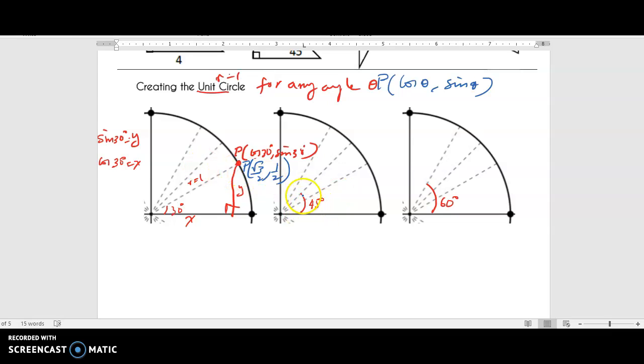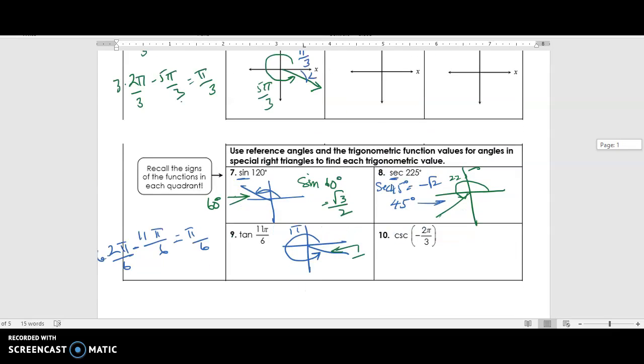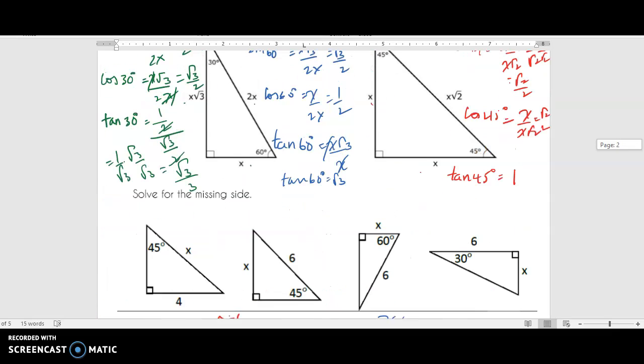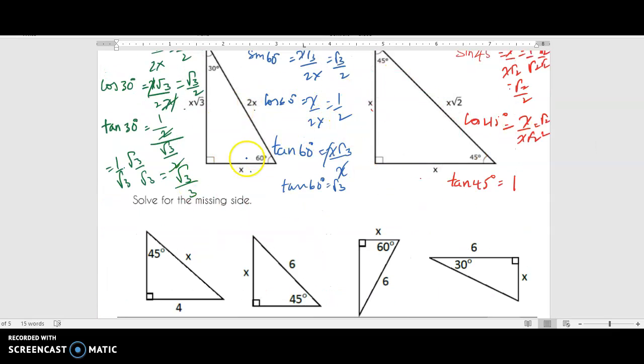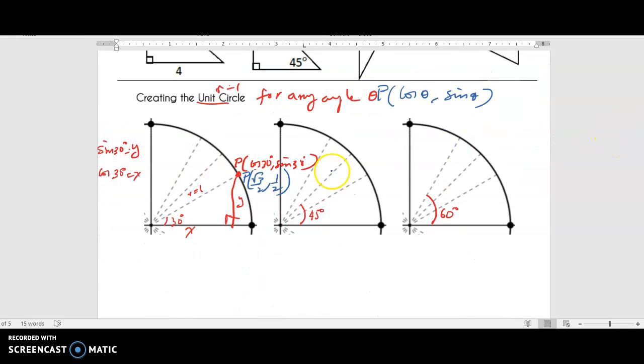Okay. Likewise, what you just learned is what I'm repeating here. So now we'll come to the 45-degree angle, and here cosine would be root 2 over 2, and sine is also root 2 over 2 for the 45-degree angle. So these are the coordinates.